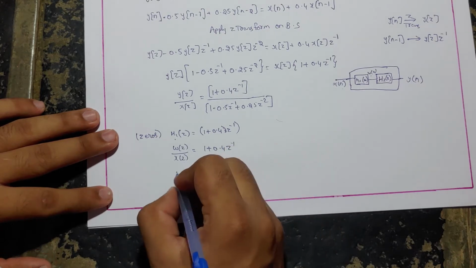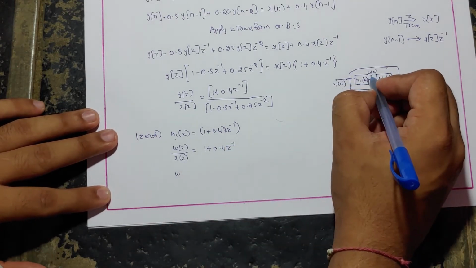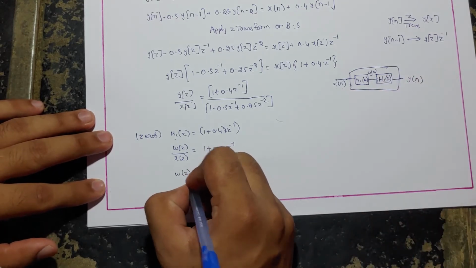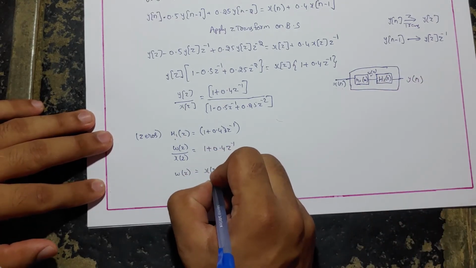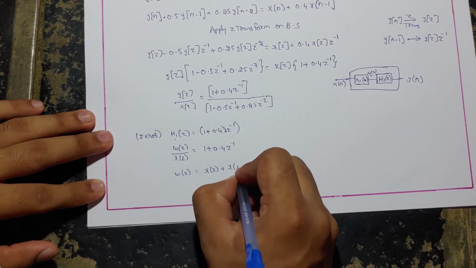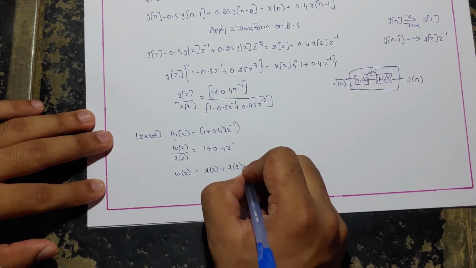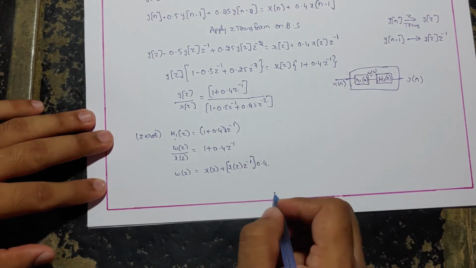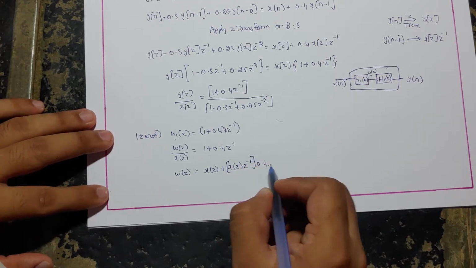Now let us take the x of z to that side, as we need w of z as the output for the system. W of z is equal to x of z plus x of z times z power minus 1 multiplied with 0.4. For our convenience we have written it in this format.